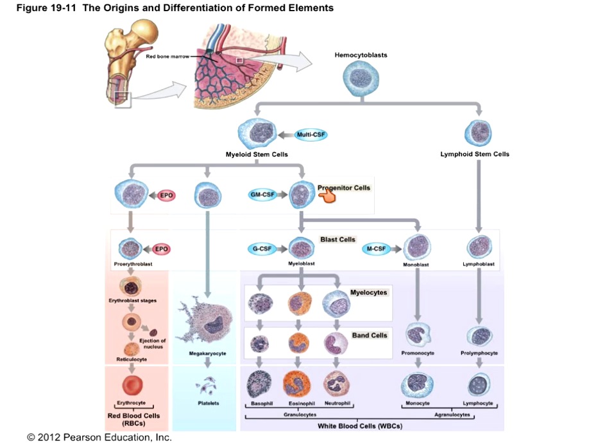If it is under the hormone of G colony stimulating factor, that myeloblast is going to differentiate into those different types of granulocytes: the basophils, the eosinophils, and the neutrophils. They first become myelocytes, and then they become band cells, and then they finally differentiate into those actual basophils, eosinophils, and neutrophils.